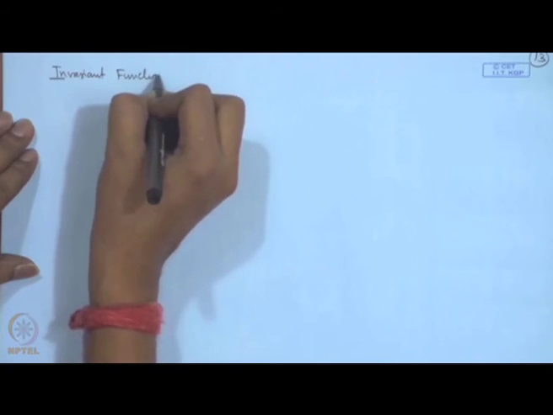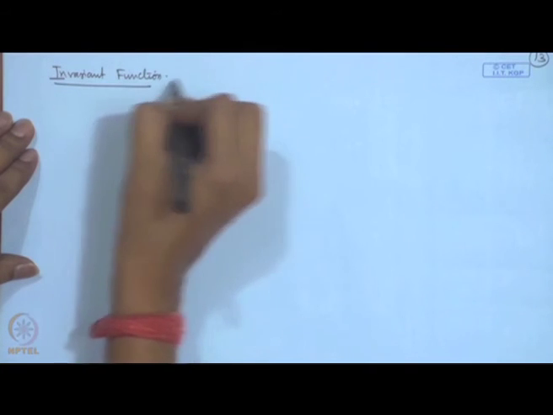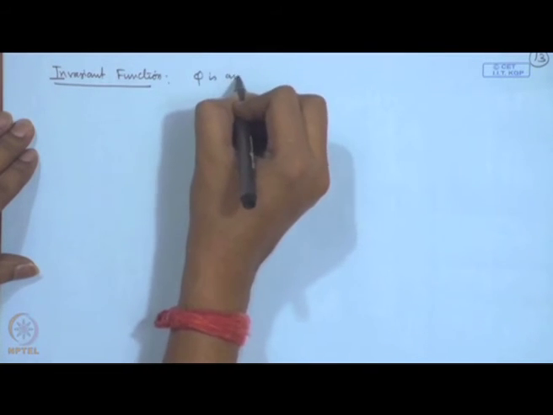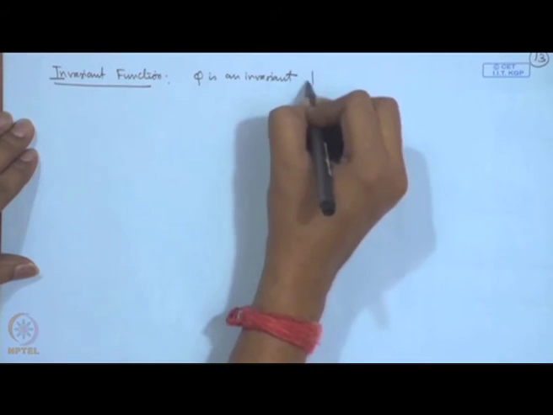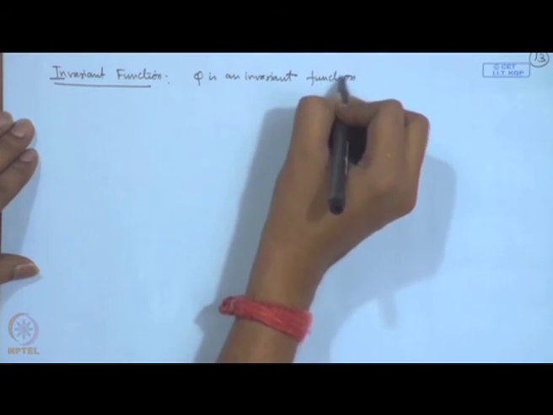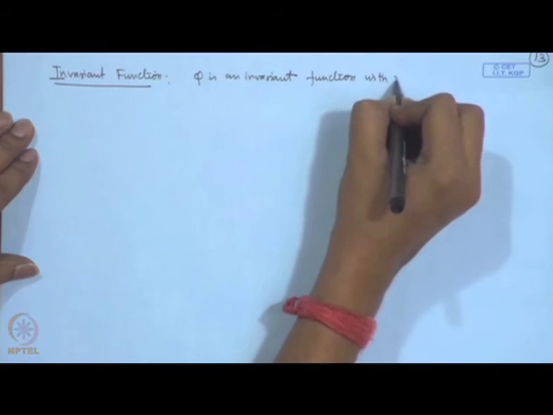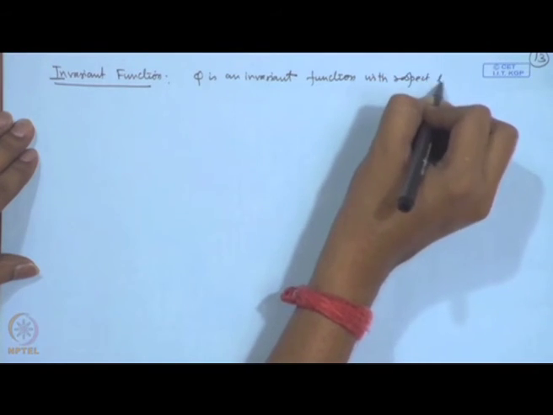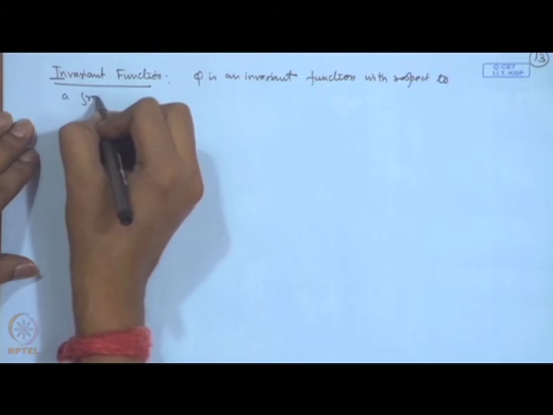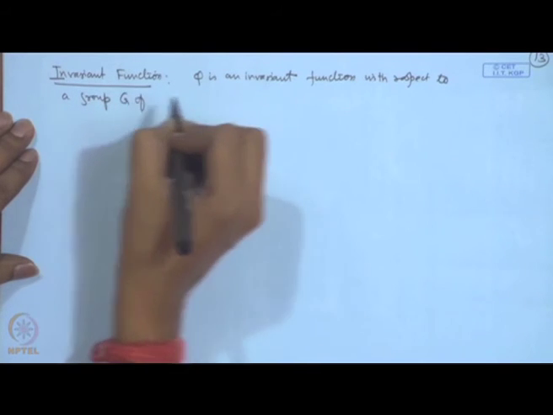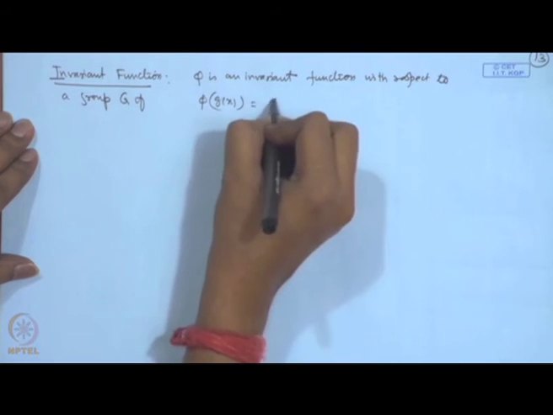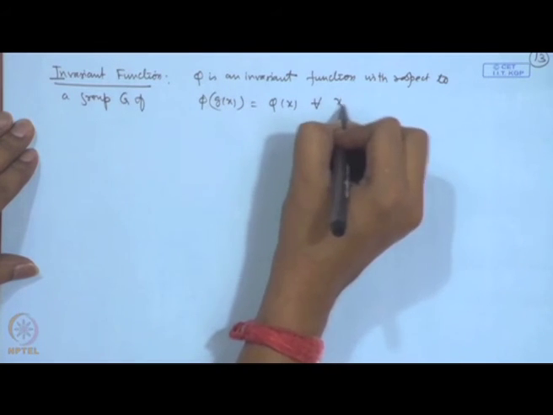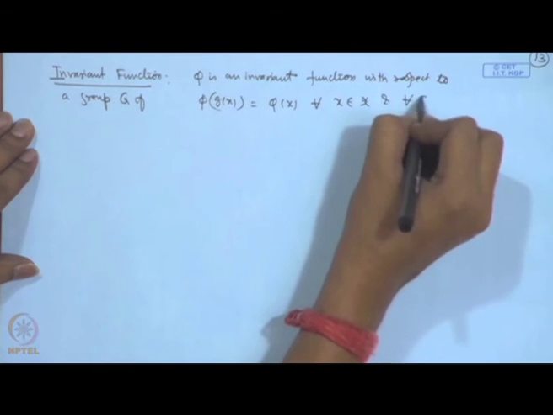A function phi is an invariant function with respect to a group G if phi of g x is equal to phi of x for all x and for all g.